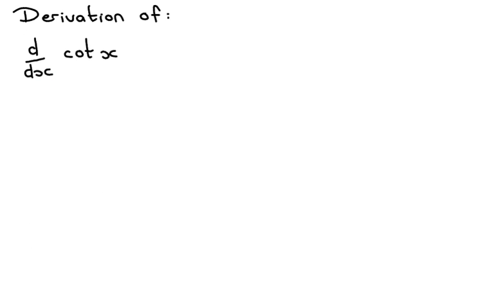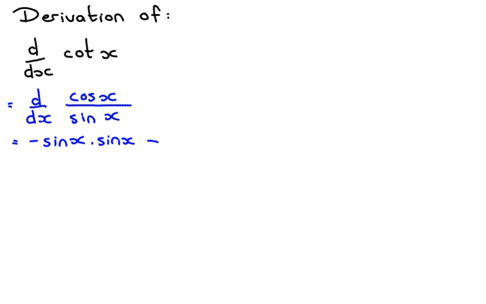The last one we're going to have a look at is the derivative of cot x. I'm going to rewrite cot x in terms of sine and cos, which is cos x over sine x. Again, I'm going to use the quotient rule, so the derivative of cos x is negative sine x multiplied by the denominator, which is sine x, minus my numerator multiplied by the derivative of my denominator, which is cos x, divided by my denominator squared.